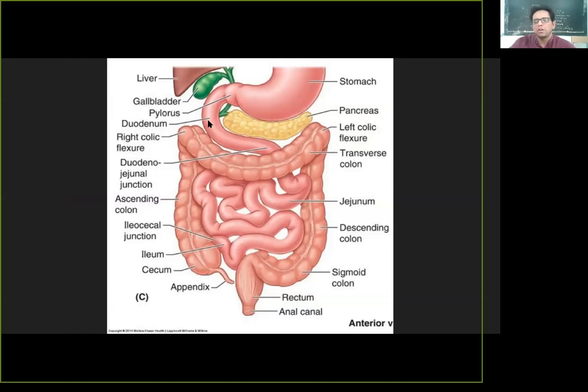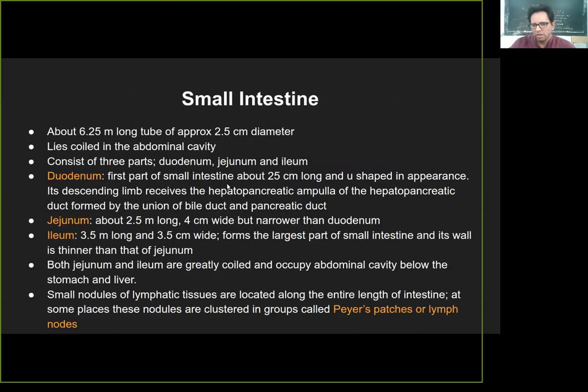This duct is formed by the bile duct and pancreatic duct. The bile duct carries the bile juice secreted from the liver, and the pancreatic duct carries the pancreatic juice secreted by the pancreas. Both of these secretions combine into the hepatopancreatic duct, and then get released into the duodenum. So that's about the duodenum.